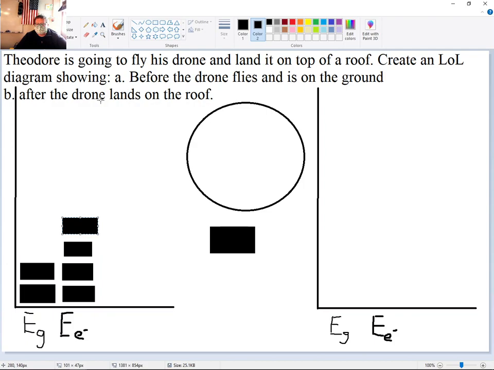Okay, so then part B, it's after the drone lands on the roof. Gravitational has increased, so I've got to have more than 2. Again, it's arbitrary how many you have. You can have 8, you can have 6, you can have 4. I'm going to stick with 4, I think. Actually, what I'm going to do is I want to show all the electrical going into gravitational. So I'm actually going to put 6 there.